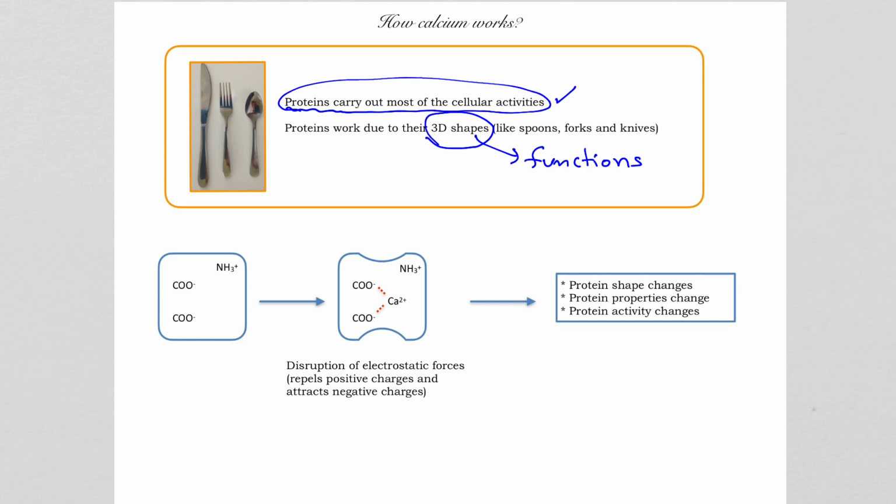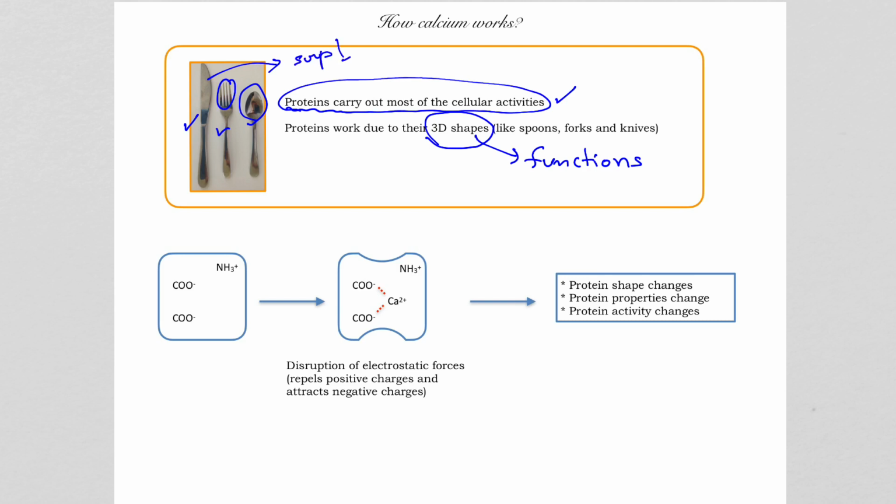Just like shape is very important, not only at the molecular level, shape is important in everyday life. You have a knife, the knife works because it's sharp. The fork works because it has its prongs here, and the spoon works because of this part here. So you of course cannot use a knife to drink your soup, right?